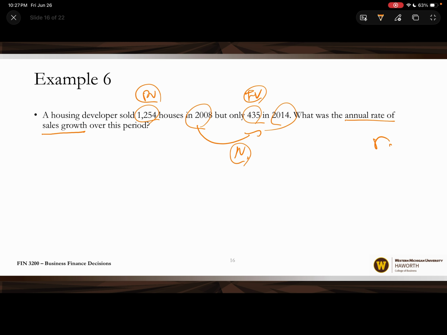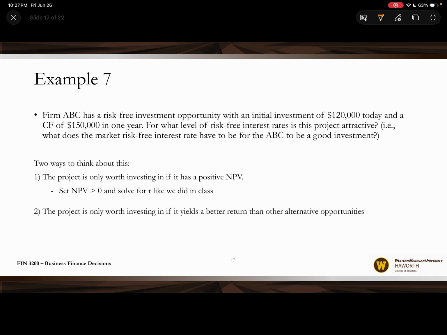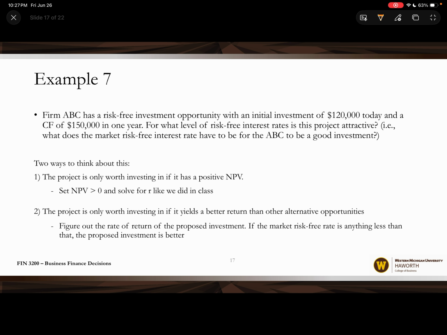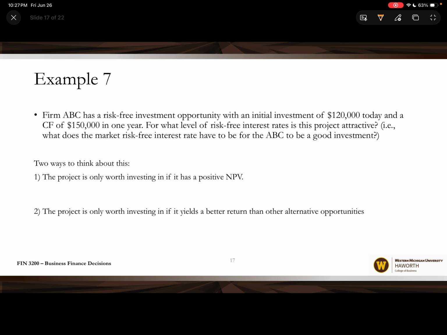And in example 8 here, you're given the r, you'll see in the problem later, you're given the current value, PV, and you're given the future value, the target. And we're trying to figure out how long it would take, so you're trying to figure out the n. That's when you're going to use the n formula shown here.